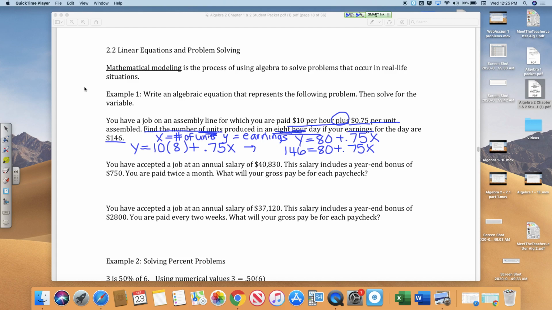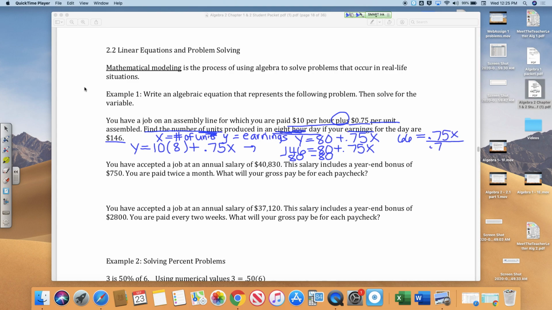Now that I have my equation set, I'm going to use the opposite of the order of operations, and I'm going to first subtract 80 from both sides. Well, 146 minus 80 is 66, so this equation turns into 66 is equal to 0.75x.